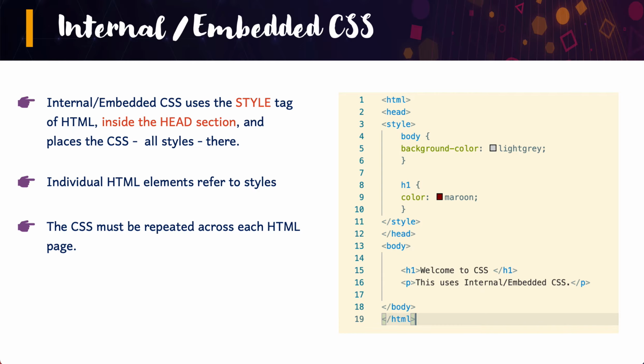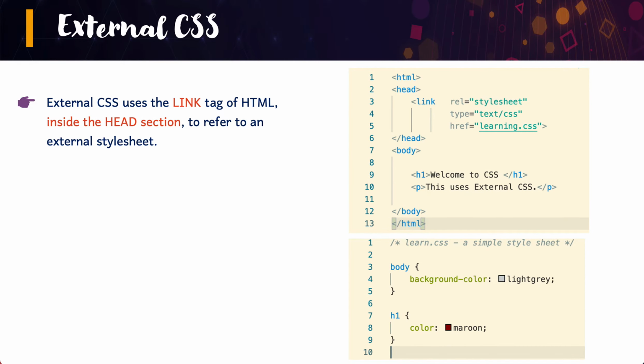But then, if we have the example of a website with hundreds of pages, let's say 100 pages, each of these pages must have the same style definition in the head section, which means we are essentially repeating the CSS not for every HTML tag but for every HTML page. It is still repeating.